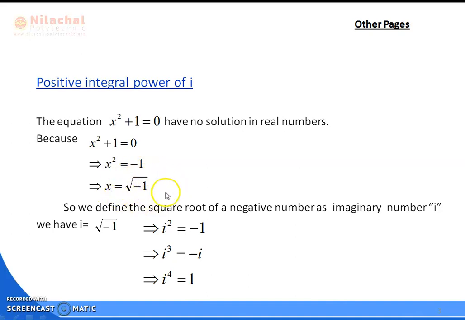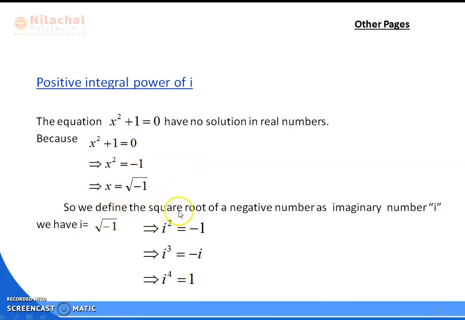And you know this number does not belong to real numbers. Real number means inside the root there should be no negative number. Real numbers include natural numbers, integers, rational numbers, all are known as real numbers. But the root of a negative number is not a real number. So that's why this is new for us.